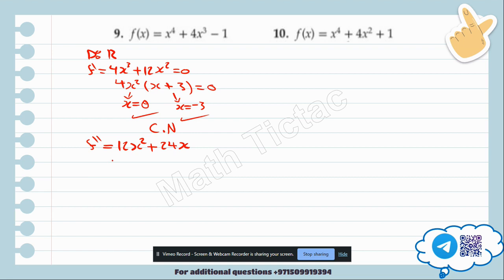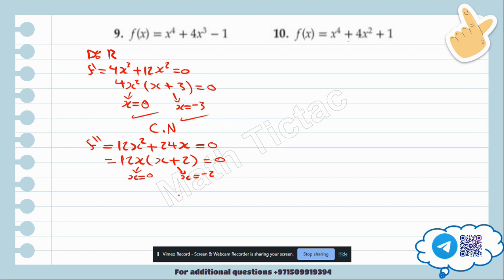We can take 12x as a greatest common factor, or you can use the calculator for factorizing that as you like. So 12x outside will leave me with x plus 24 over 12, which is 2, equals 0. That will give me x equals 0 and x equals minus 2.